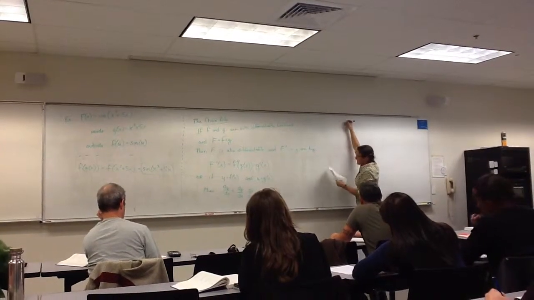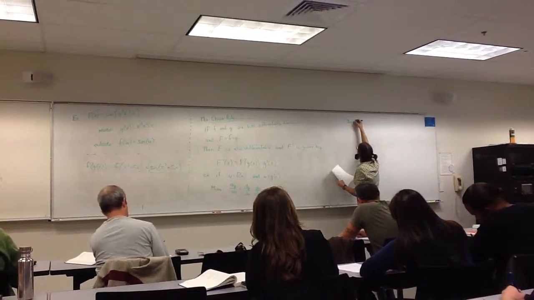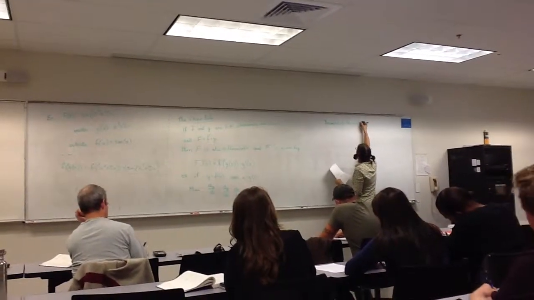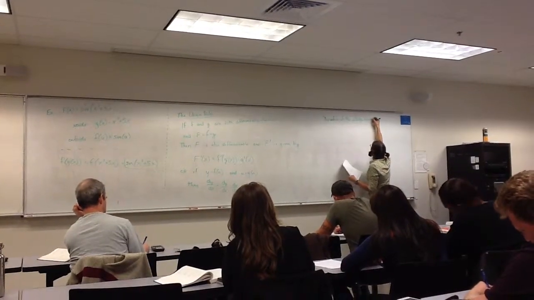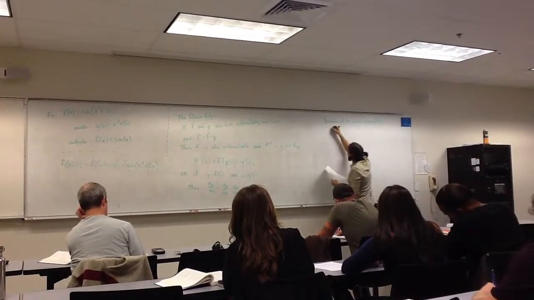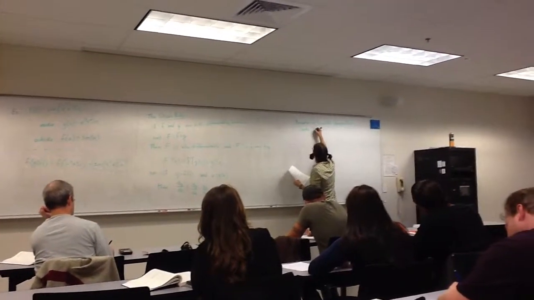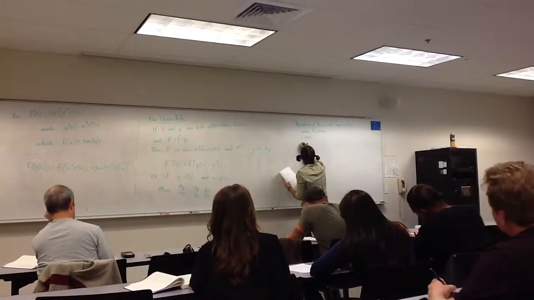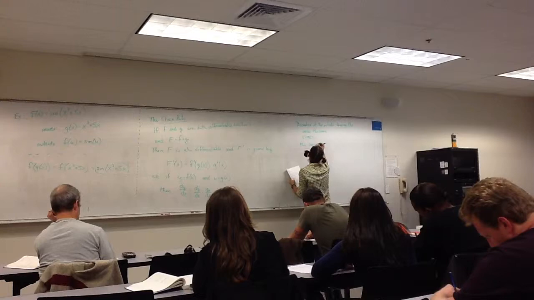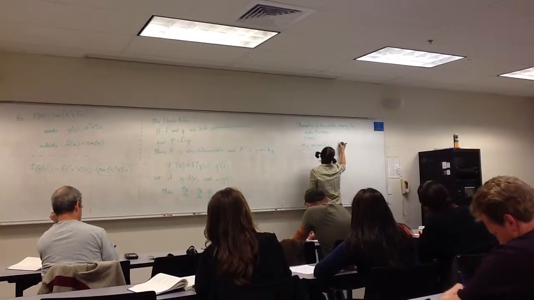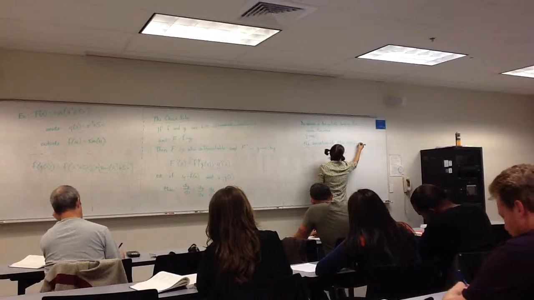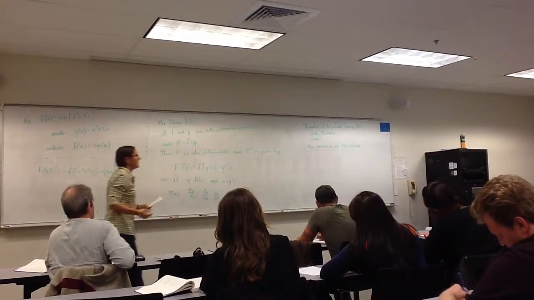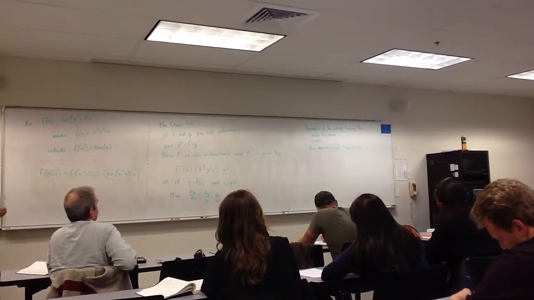When I think of the chain rule, what I say to myself is derivative of the outside, keeping the inside the same, times the derivative of the inside. Derivative of the outside, keeping the inside the same, times the derivative of the inside.